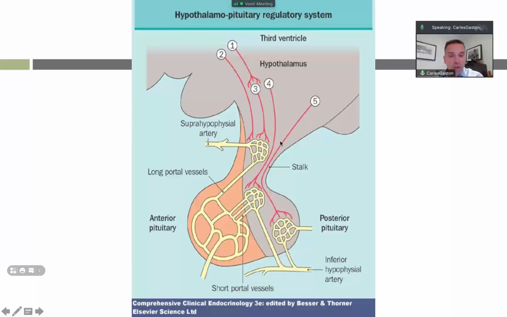In the posterior pituitary, the axons actually grow into the posterior pituitary and also connect to the veins, the inferior hypophyseal artery, and directly contact them, releasing all the hormones.